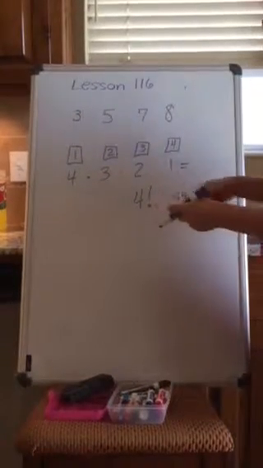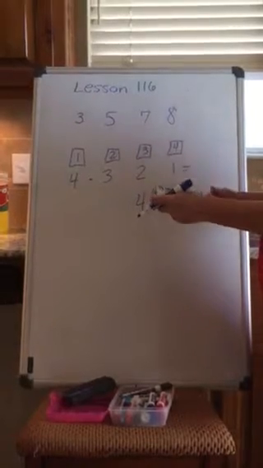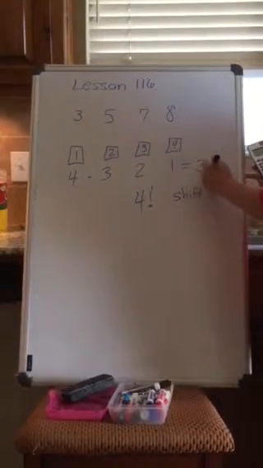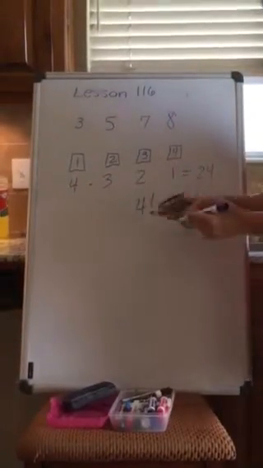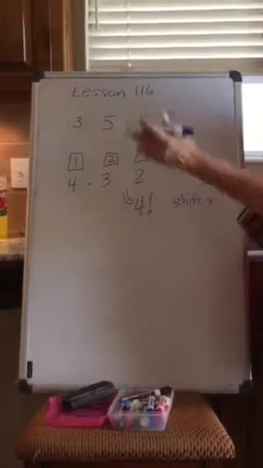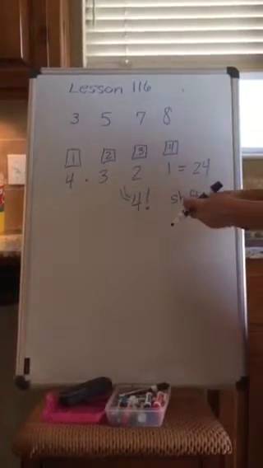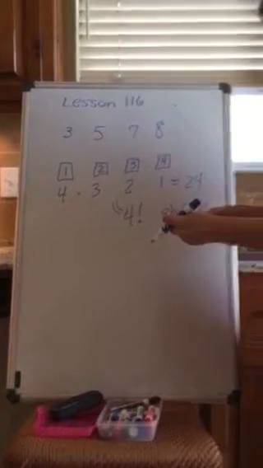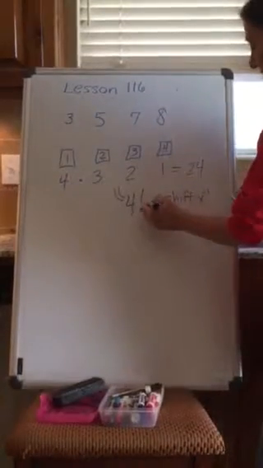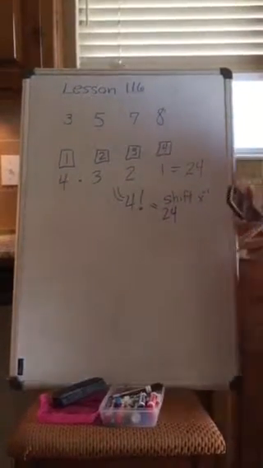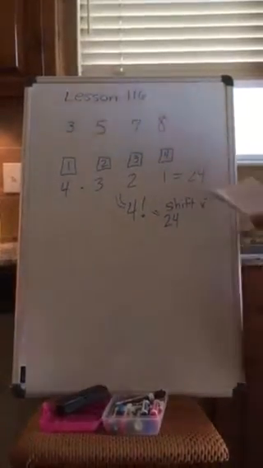So let's go ahead and multiply 4 times 3 times 2 times 1. 4 times 3 times 2 times 1 equals 24. Now, 4 factorial goes from the highest number down: 4 factorial equals 4 times 3 times 2 times 1. If I did 4, shift X1, you'll see the asterisk show up, and it equals the same number, 24. That is not in your book.